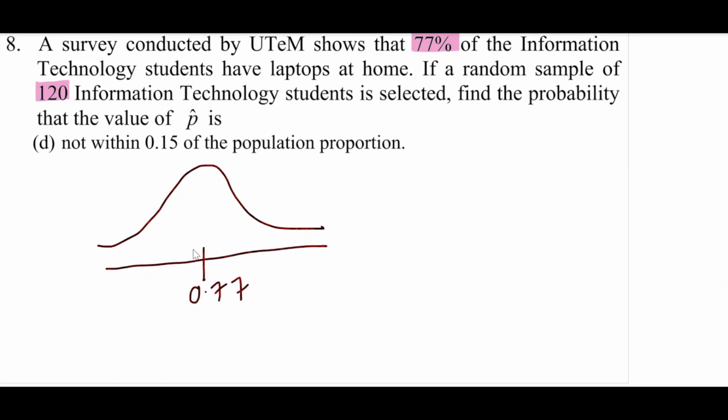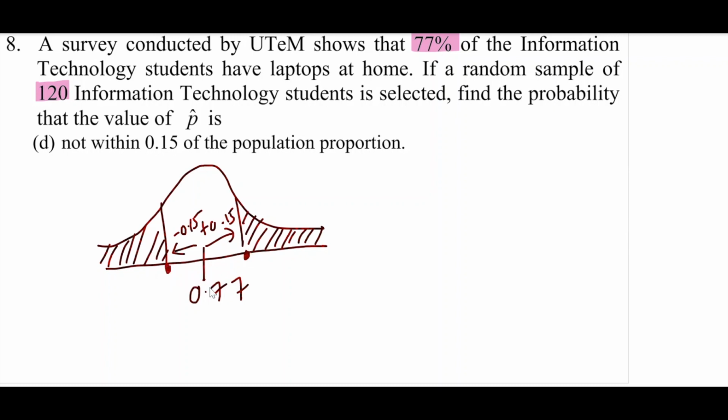So not within is plus and minus 0.15. Within is this area here. So not within will be the area on your right hand side and the area on your left hand side. Now we need to find these two values here.